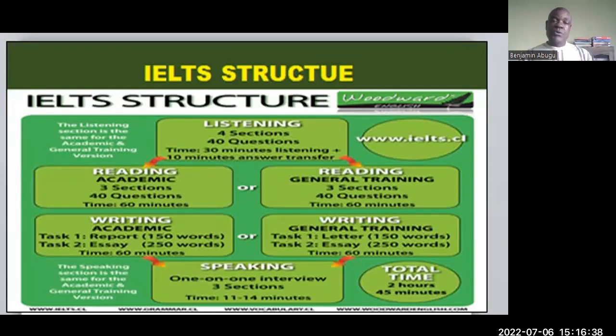Now, what you should know is that listening and speaking are the same for both the academic and the general, the same questions. But reading and writing are different. You have different questions for the academic IELTS and different questions for the general IELTS.